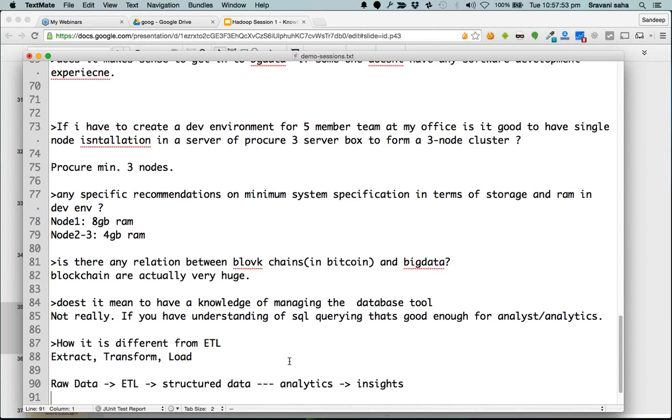But in case of big data analytics or big data analysis, you have everything: you start with raw data and you end with insights. So that is the difference.